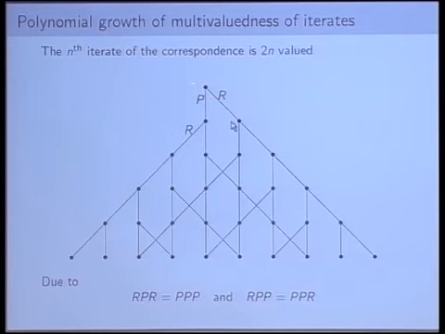So if I first do R, and then I do a P, and then I do an R, I arrive at this point, but I could also arrive at that point by doing 3 P's, and that is this relation. And similarly, if I do a P and another P and an R, I get the same value as if I would do R and then PP, which is this relation. So these two relations lead to polynomial growth of the multivaluedness of the iterates.